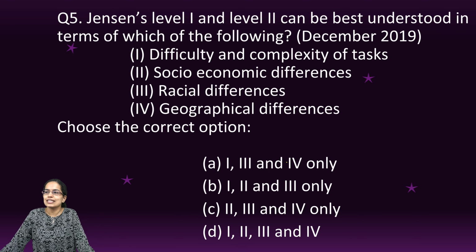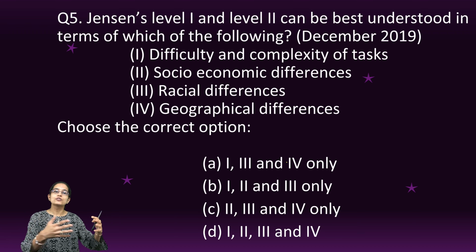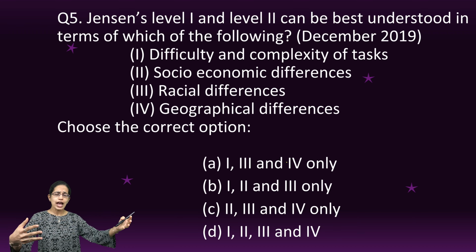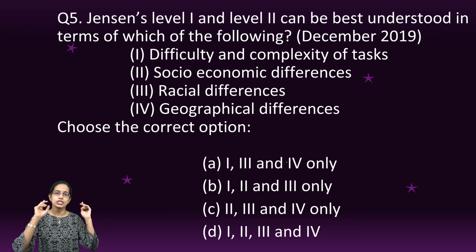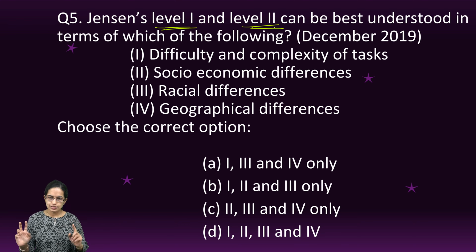The next is Jensen's level 1 and level 2. Now Jensen's theory of intelligence talks about level 1 and level 2. Level 1 includes simple memory functions and simple associative learning. So I have two things in hand, I create an association, I remember that in mind. So that is simple level 1 learning under Jensen's intelligence theory. Level 2 talks about conceptual, abstract thought processing. Okay, so that is the basis of the two.